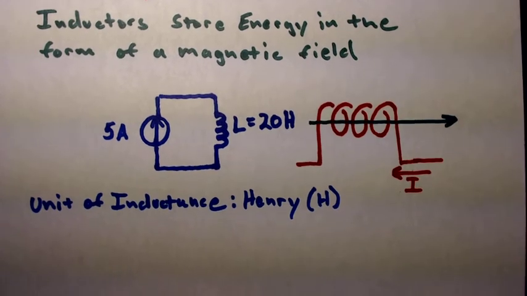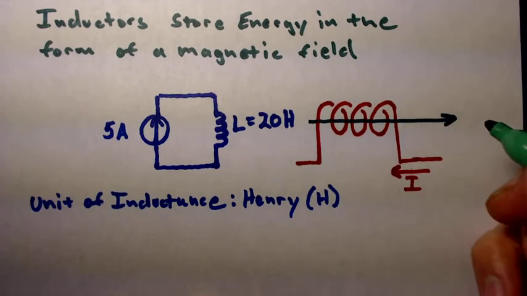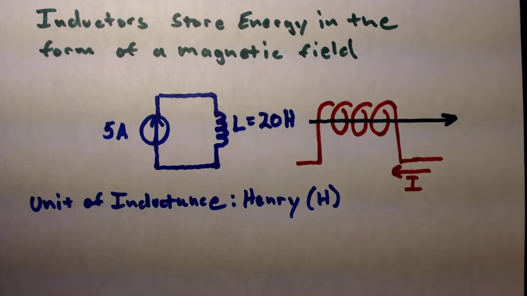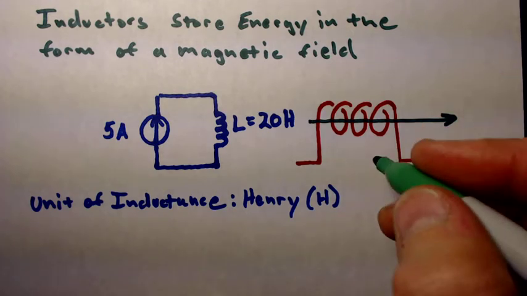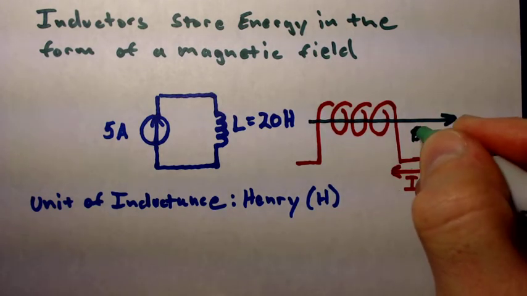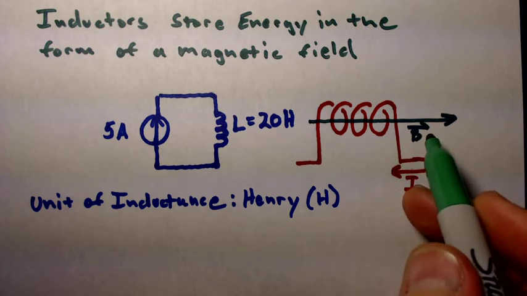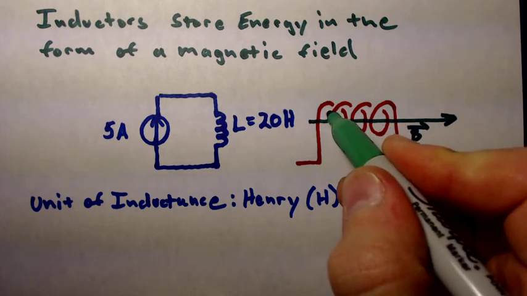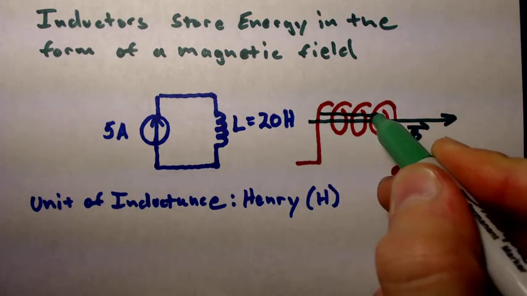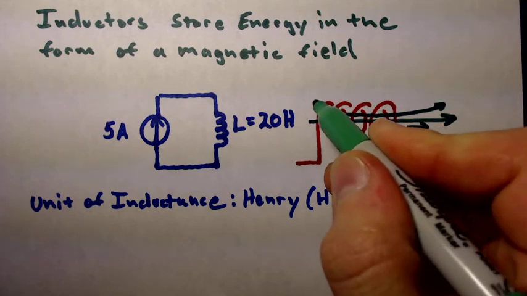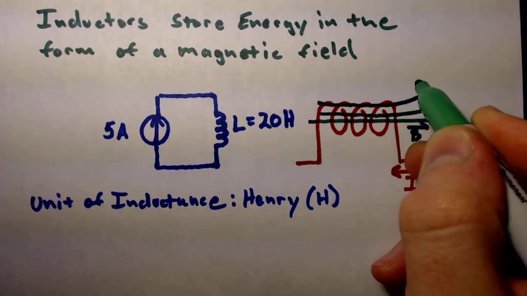Now, we're not going to get too much into the physics of how this works, nor are we going to get into the physics of magnetic fields. You don't need that to use inductors. But let's just say we have a magnetic field and it goes in this direction. And actually, I'll draw a few more magnetic field lines.